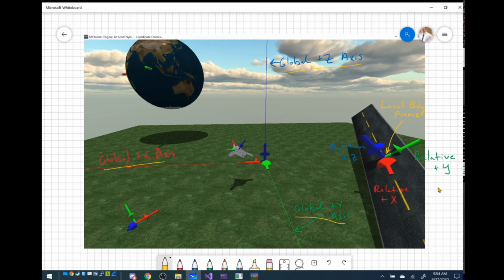Then for every object, be it this floating runway right here, or this UAV, or even this miniature planet Earth, each object has its own local coordinate frame. All right, the next thing we're going to do is talk about how these frames are represented.